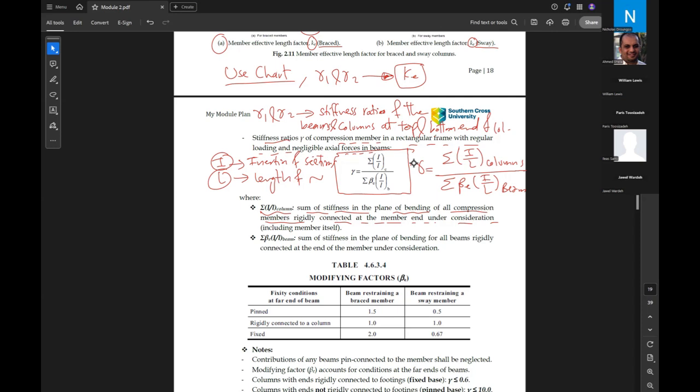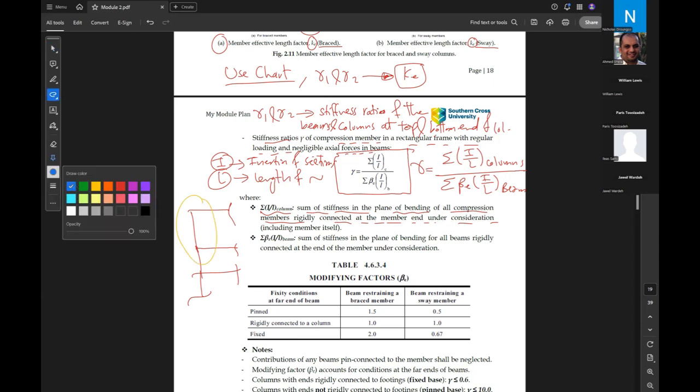So for example, we have some columns and beams, and we are looking at designing this column. We have two ends, top end and bottom end. For the top end, we have B1 and C1, so this is our connection here. At the top end, we have only one column and one beam.